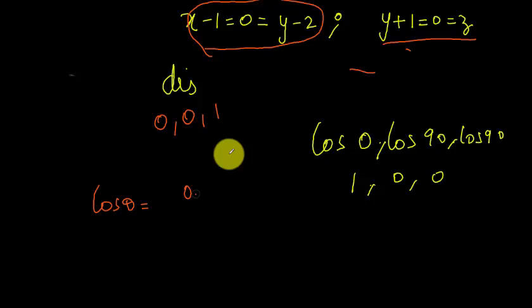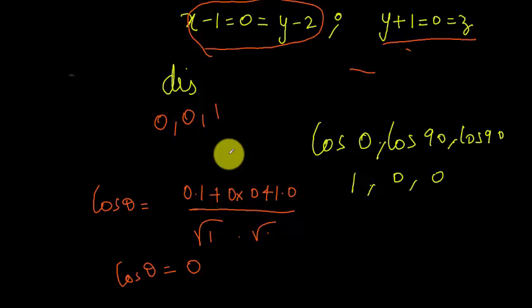So that's 0 into 1 plus 0 into 0 plus 1 into 0, and that's divided by root of 1 into root of 1, which is also a 1. So the numerator is a 0, so basically I'll have a 0. So what is the angle between the lines? Cos theta is going to be 0, which means theta is equal to 90.